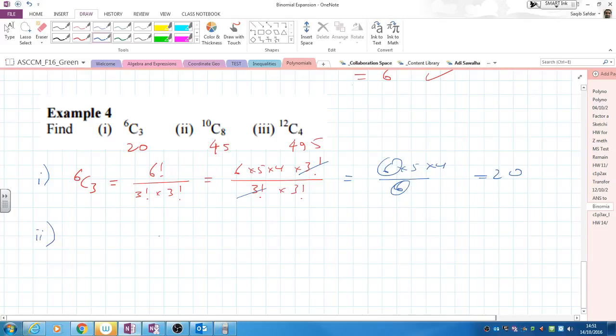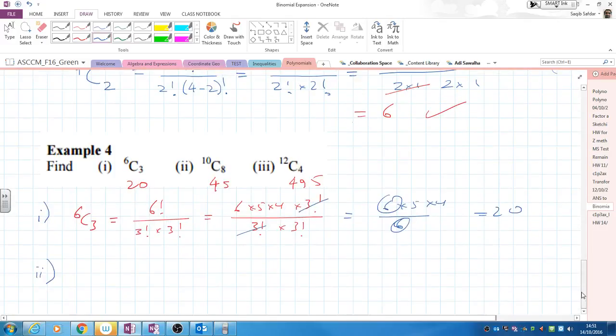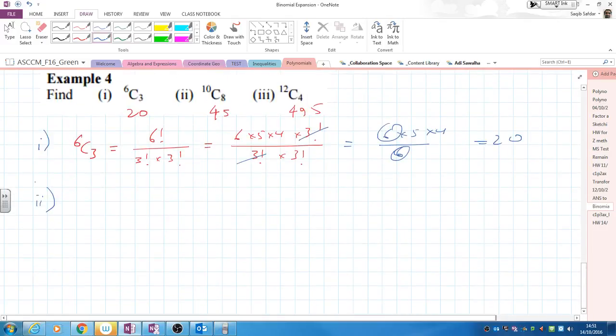Now the next one involves a really nice little trick, and it works like this. So I can summarize the mathematical shortcuts you need to take just really through the second example. So I've got 10C8. If I was to write that down, it'll be 10 factorial over 8 factorial times 2 factorial.